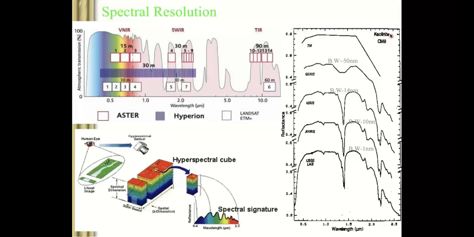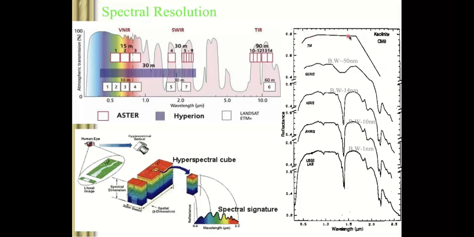This is a thematic mapper image of kaolinite, so you can see only 6 bands. I just drew a line diagram over here. If we combine these bands, you can see it is a straight line, which means there are no features you can get because there is no changing line over here.